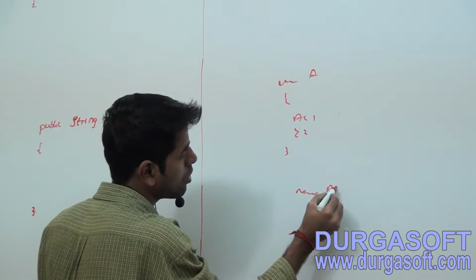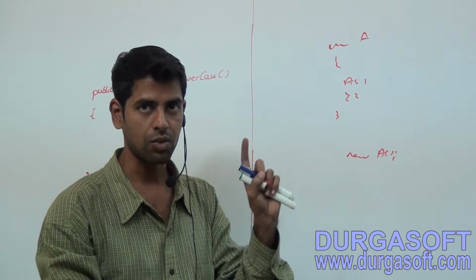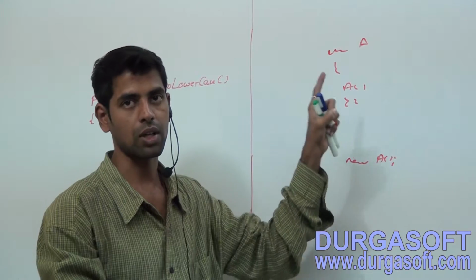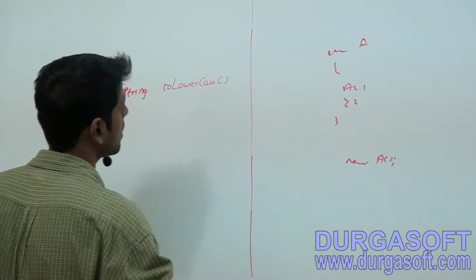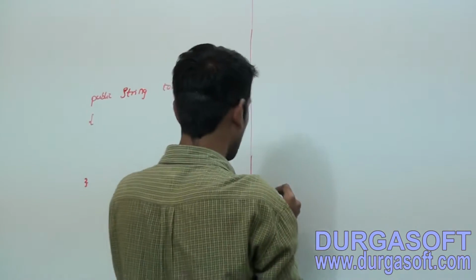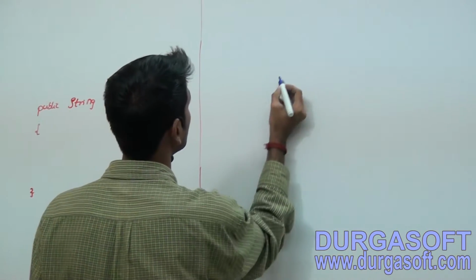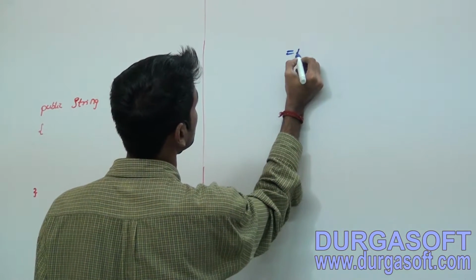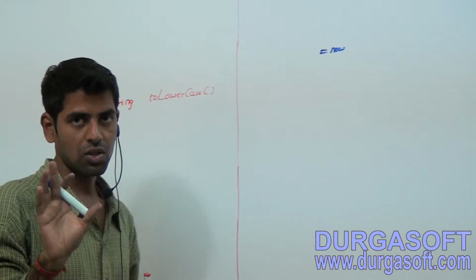New keyword followed by constructor, any one constructor of that particular class. Now in the same way I am going to create the object for our string class. Let it be new followed by constructor.